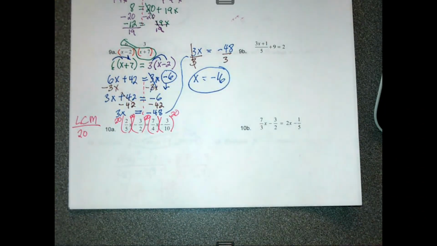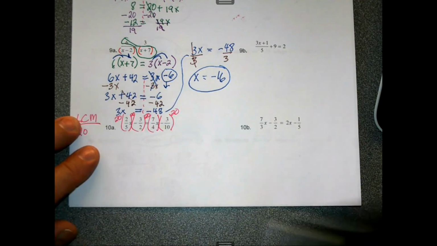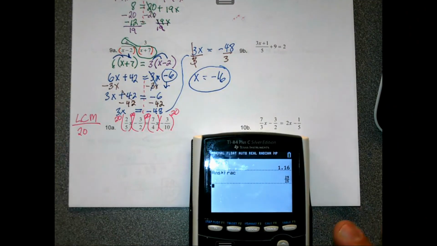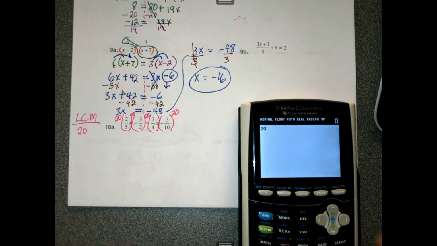Now you could use a calculator for this if you want to. So 20, can you guys see that? 20 times, just remember to put fractions in parentheses, is 8.